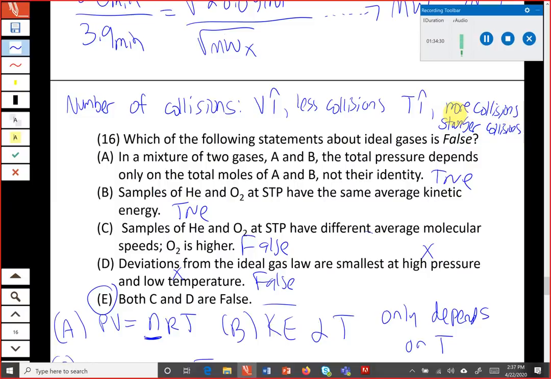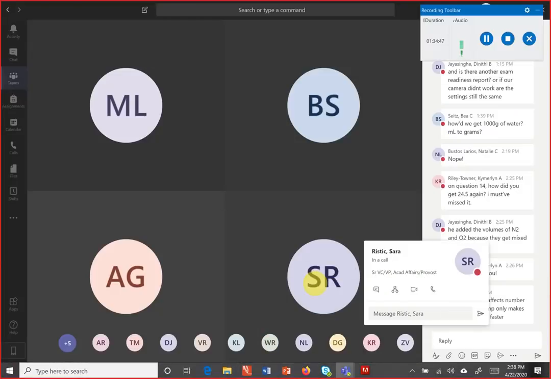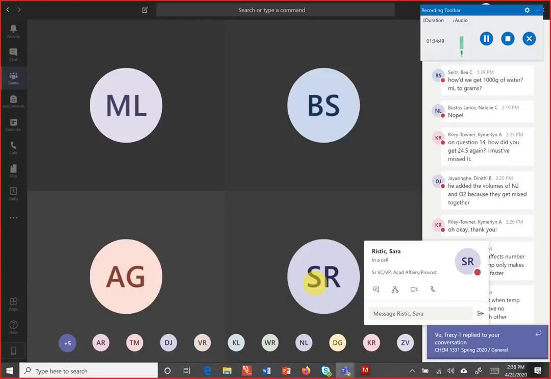And so when you raise the temperature, both of these will contribute to raising the pressure of the gas, because they're going to collide with the wall more frequently and with more force. So really both of those affect the number of collisions, and the temperature will also affect how strong the collisions are. So that is an important related concept.